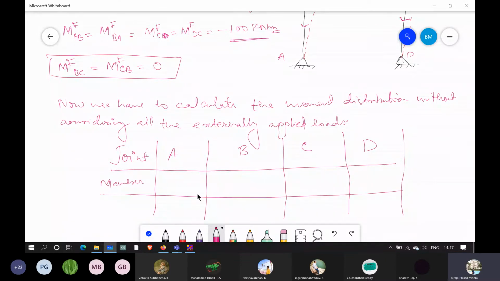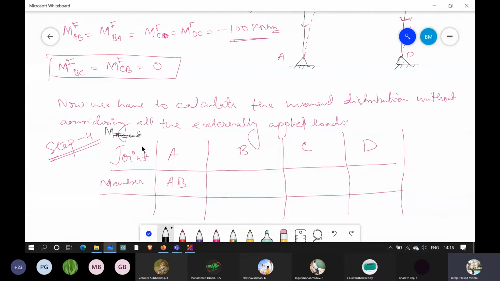Just like the previous step, this is step 4, moment distribution table using sway. I have already highlighted that, so no need to put it here again.